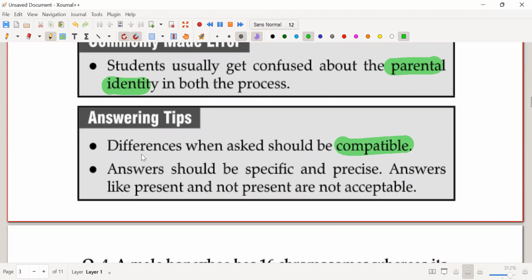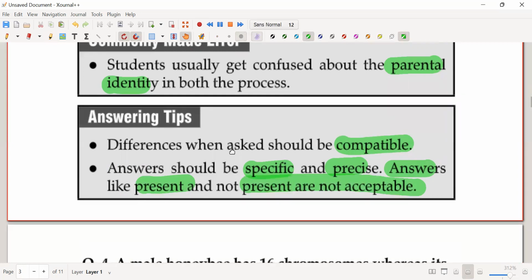For all the differences you write, the answers should be compatible, specific and precise. Answers like present and not present are not acceptable.